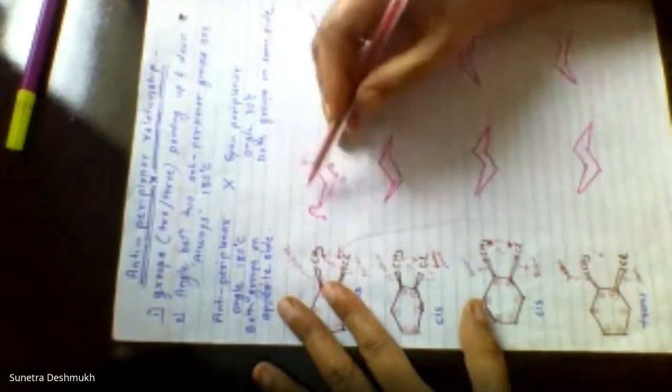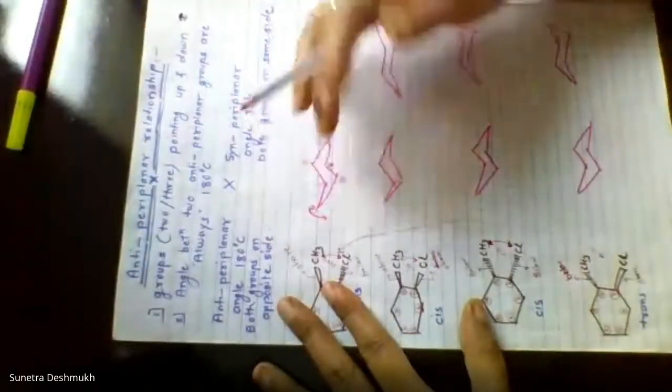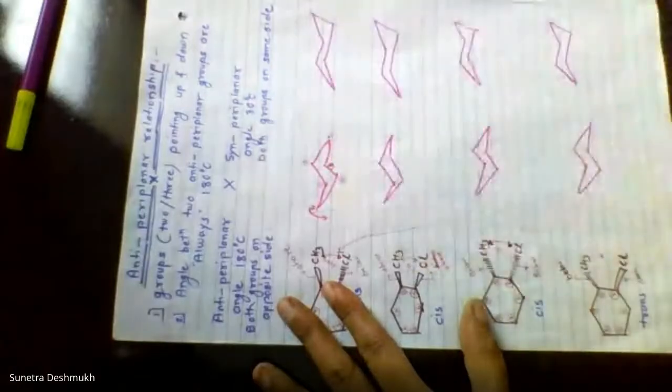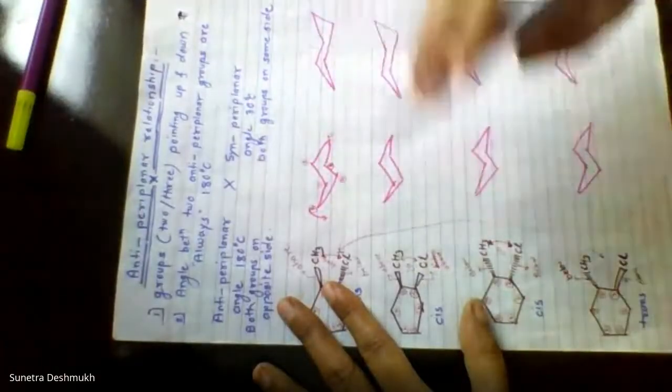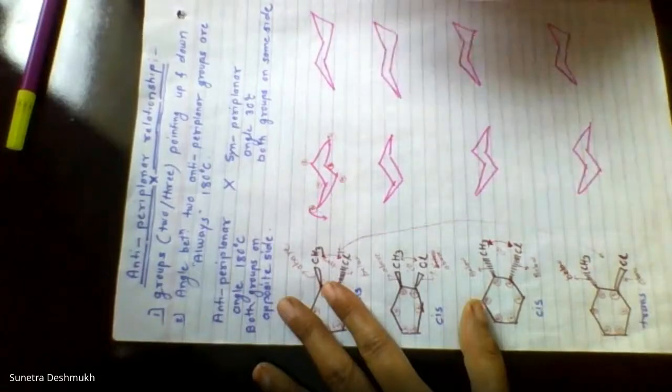You can consider any carbon atom as the first number, 1, 2, 3, 4, 5, 6, anything, but keep this constant throughout the structures. Don't write one here and then one there.